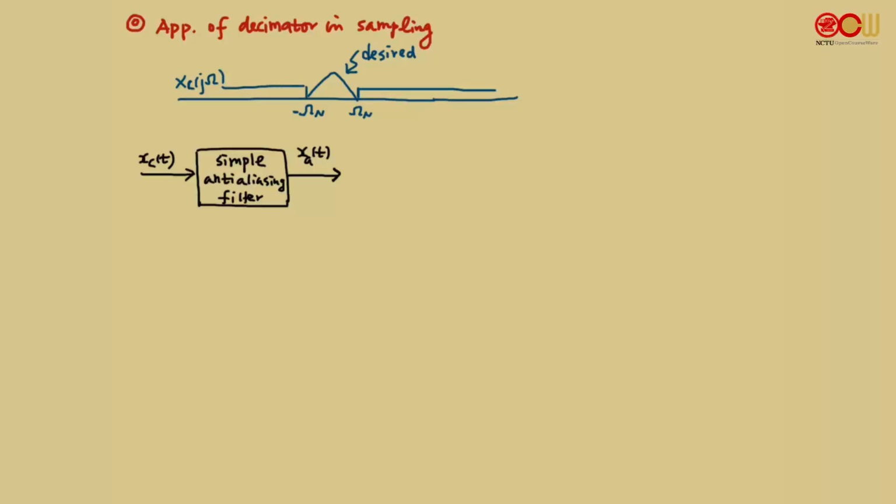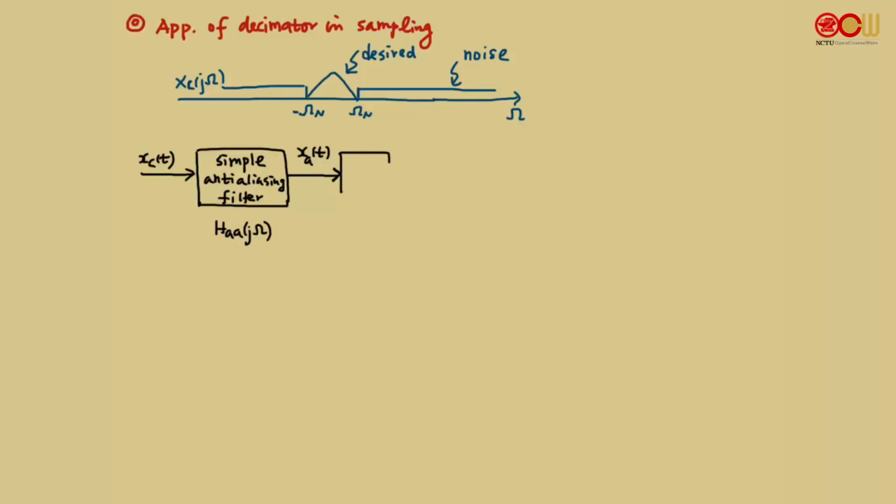So this is what xc looks like in the frequency domain. This is the noise. Now the idea here is we use a simple anti-aliasing filter HAA j omega.